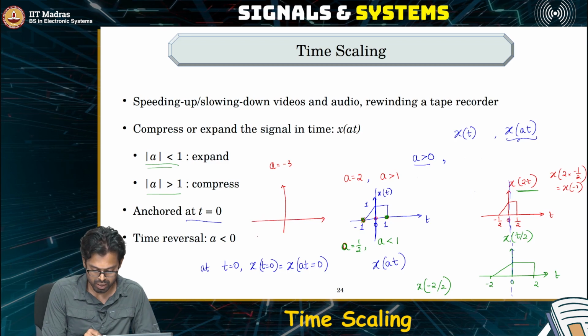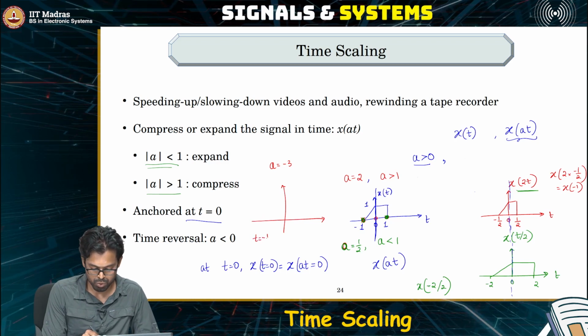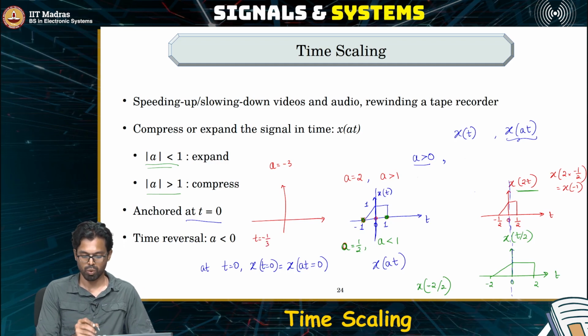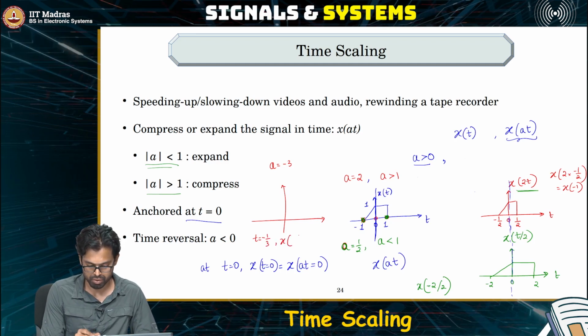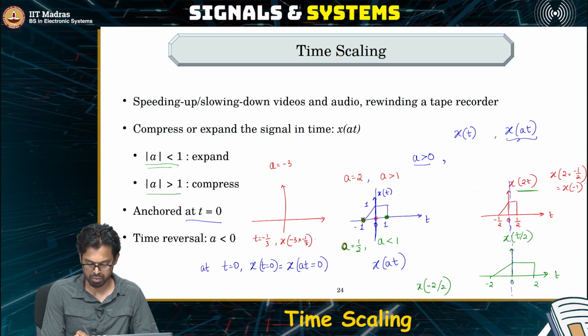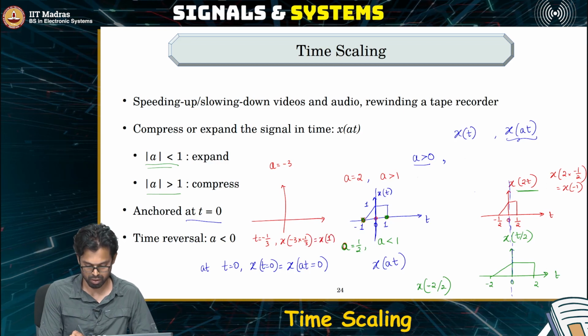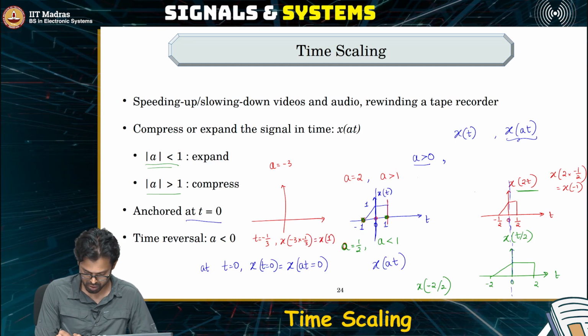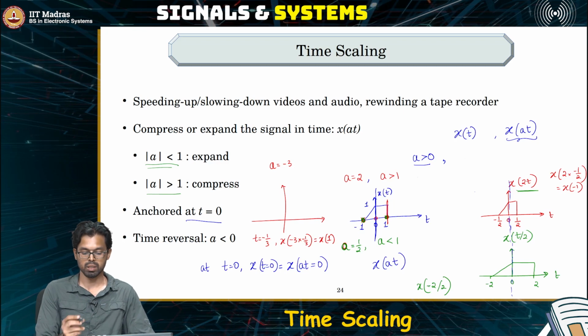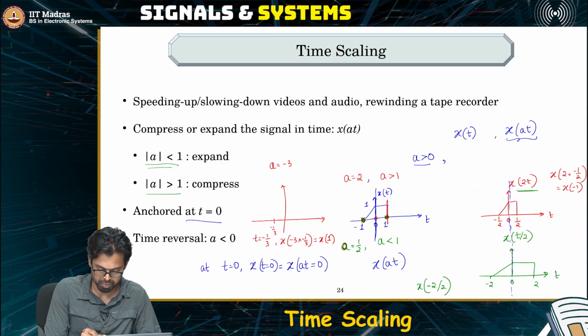At t equals minus 1 by 3, what do we have? x of minus 3 times minus 1 by 3. This is equal to x of 1. So the point that was here starts appearing at t equal to minus 1 by 3.